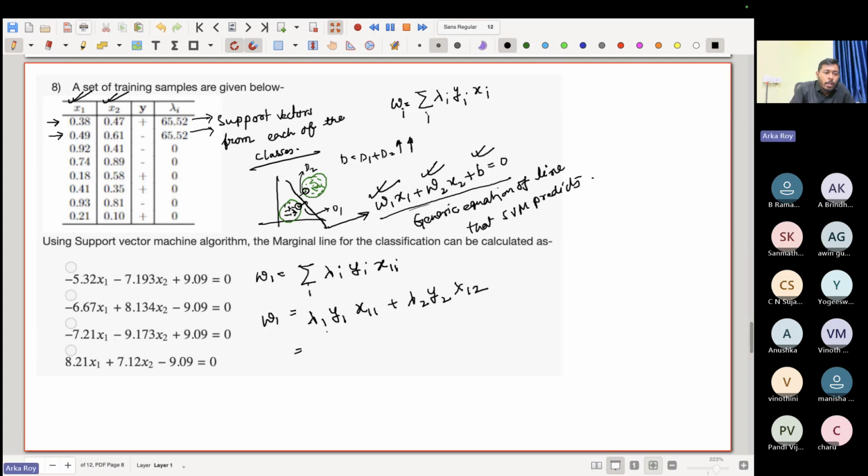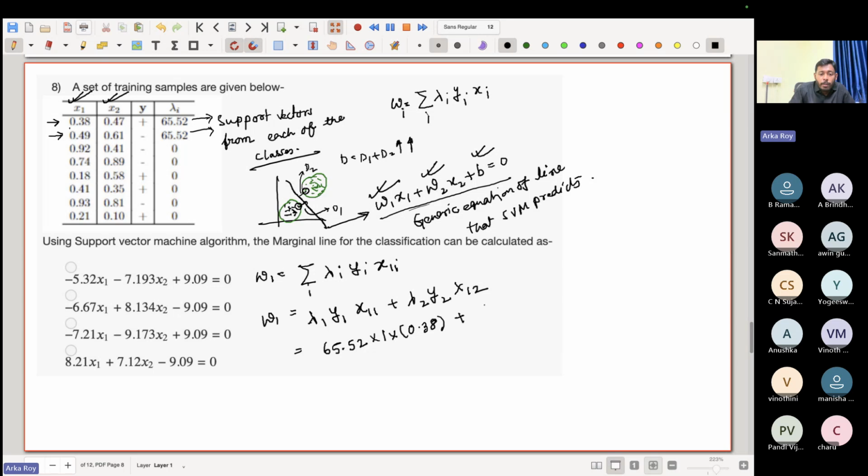So what is lambda 1? Lambda 1 over here is 65.52. Then you have y1, which is plus 1. And then you have x11, which is 0.38.